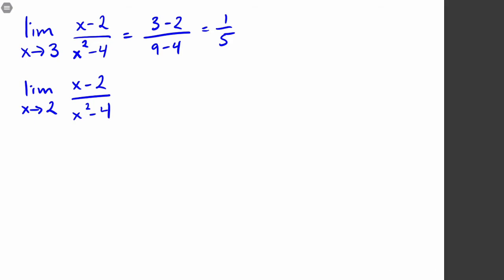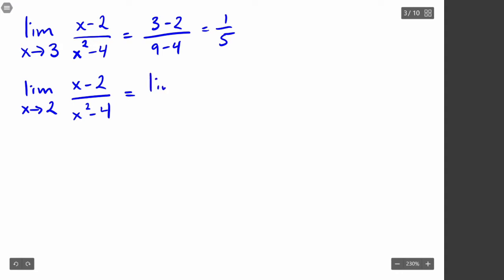Well, x equals 2 is no longer in the domain of this function, right? Because if I plug it into the bottom, I'm going to get 0, and this function's undefined. But using properties of limits, we know we can factor this, cancel stuff, and the limit won't change when we do that.